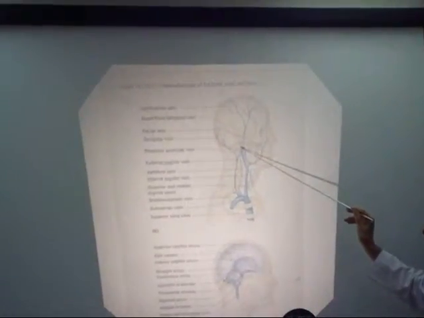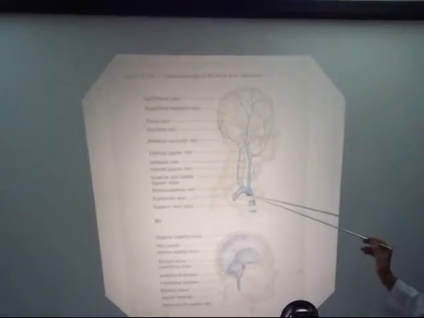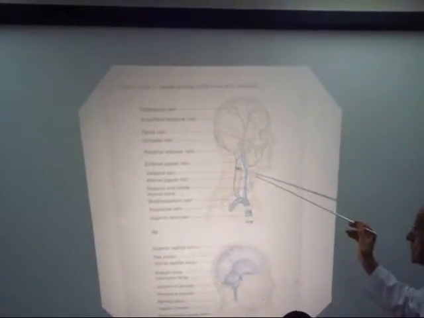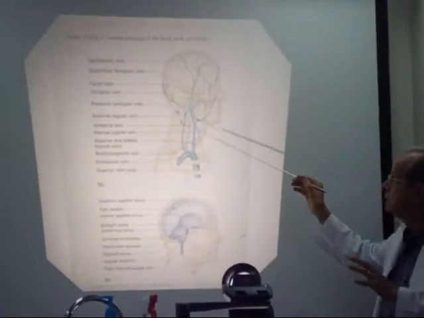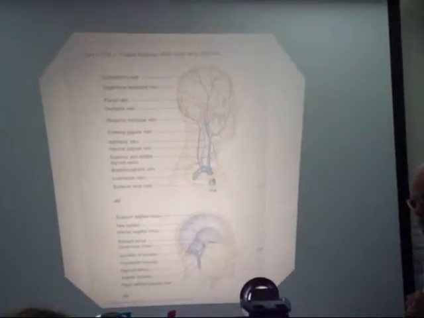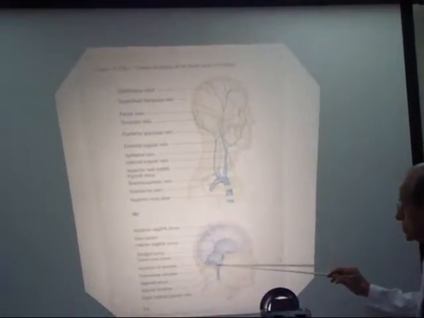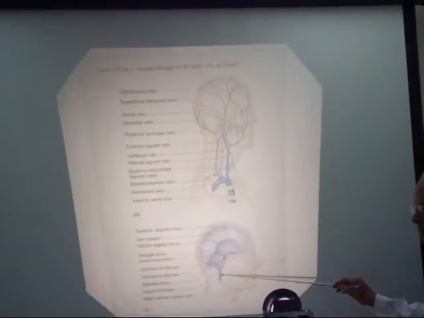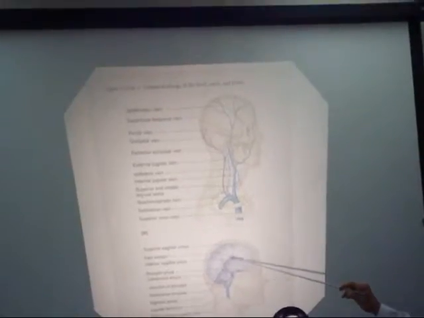And that blood now is draining right down into this vein back to the heart. Whereas the external jugular vein is superficial, draining skin and subcutaneous tissue and muscle of the head and neck, mostly posterior, like this. What I'm getting at is that the internal jugular vein, which is this one, is receiving blood that's draining away from the brain up here.